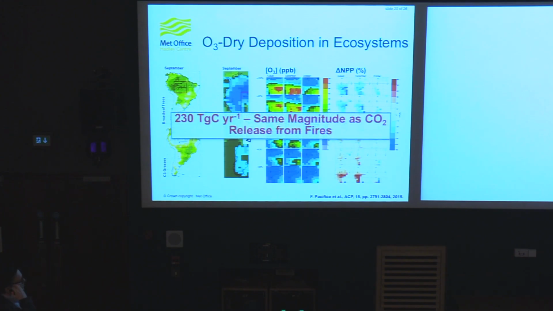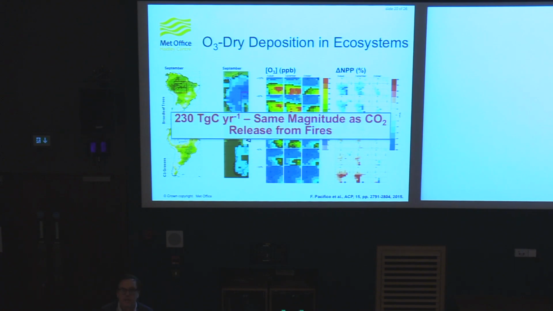And in terms of magnitude, we found that a normal fire season contributes an extra 230 teragrams of carbon emitted in terms of CO2, which is as much CO2 as the fires themselves emit. So the indirect effect of ozone doubles the effect. I'll say that again because this is a bit difficult to get your head around.